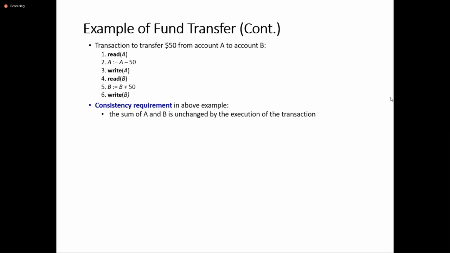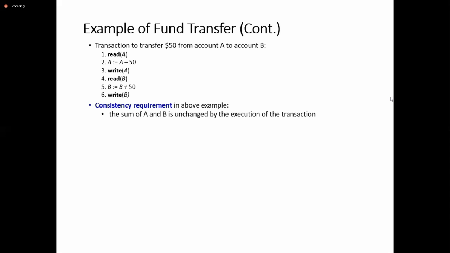Okay, then the transaction transfers $50 from account A to account B. Then the consistency requirement. The consistency requirement here is that the sum of A and B be unchanged by the execution of the transaction.